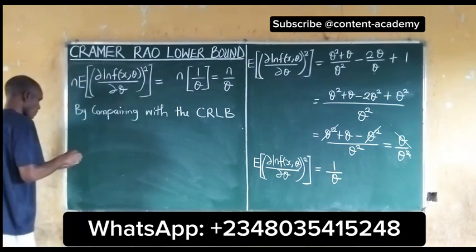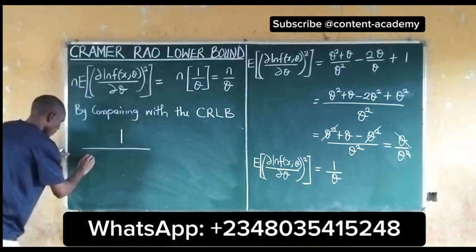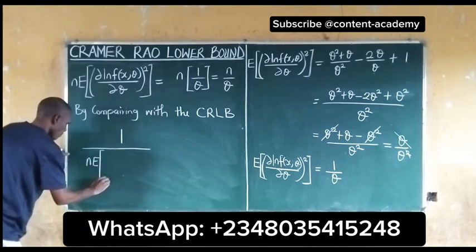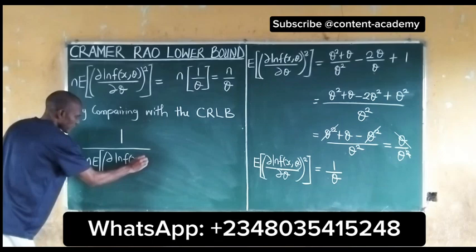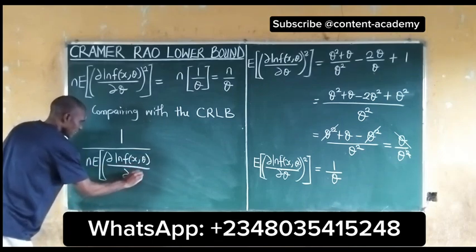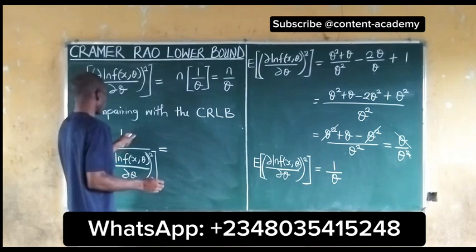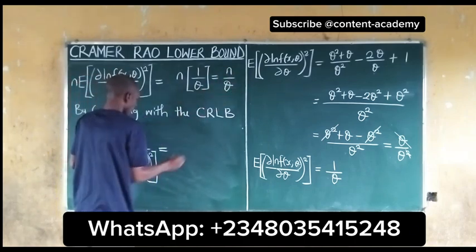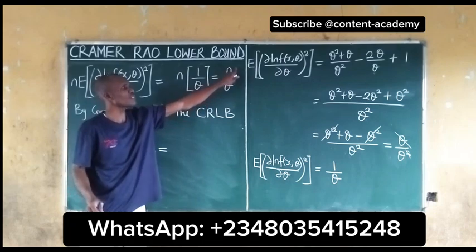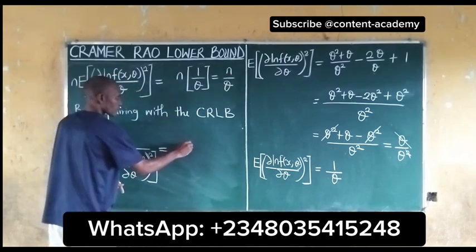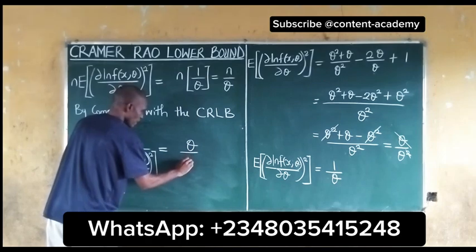By comparing the Cramer Rao lower bound inequality, which is 1 all over n expectation of the differential of f of x theta all over theta squared, since we have 1 here and we have n all over theta, it then means that this will move over to this other side to give us theta all over n.